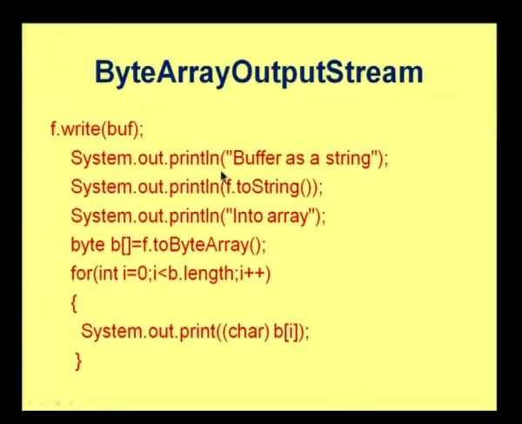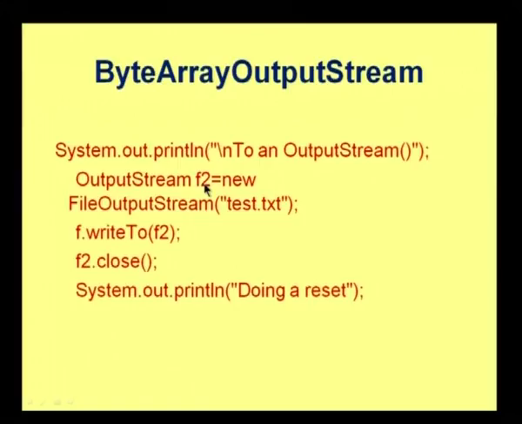In order to display that, I convert it into string format and display it. Then you can see f.toByteArray. Here the stream is converted into a byte array. Now I am printing that character by character, so my byte array contents are printed as characters.